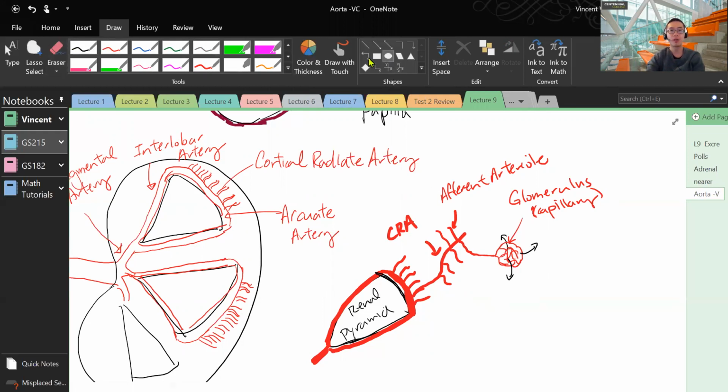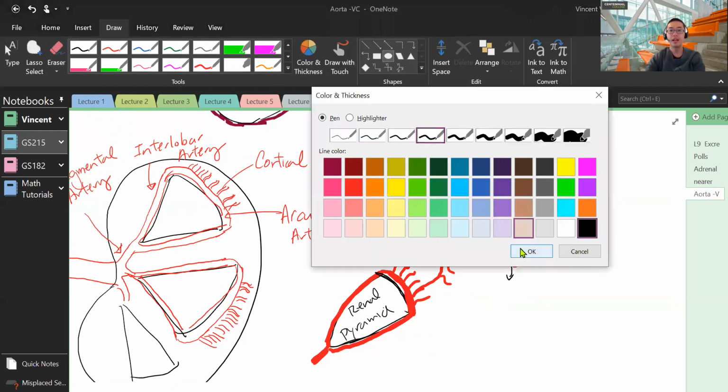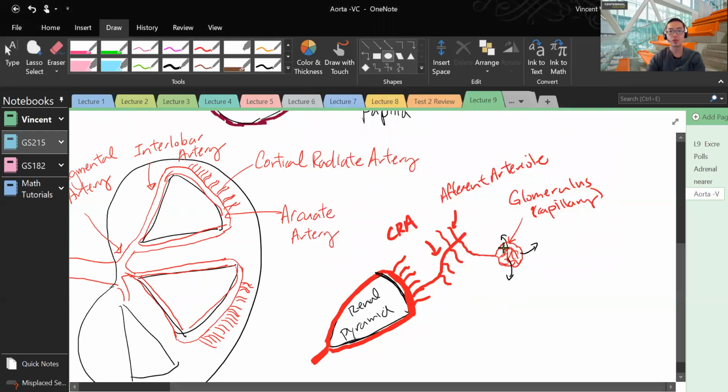So remember our nephron, the structural unit of the kidney. There's the ball, and the ball is the Bowman's capsule. I'm not spelling it right.